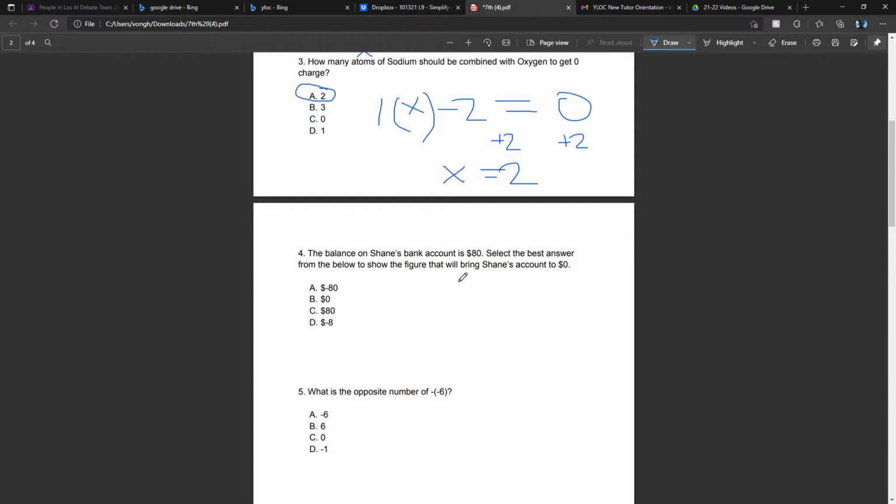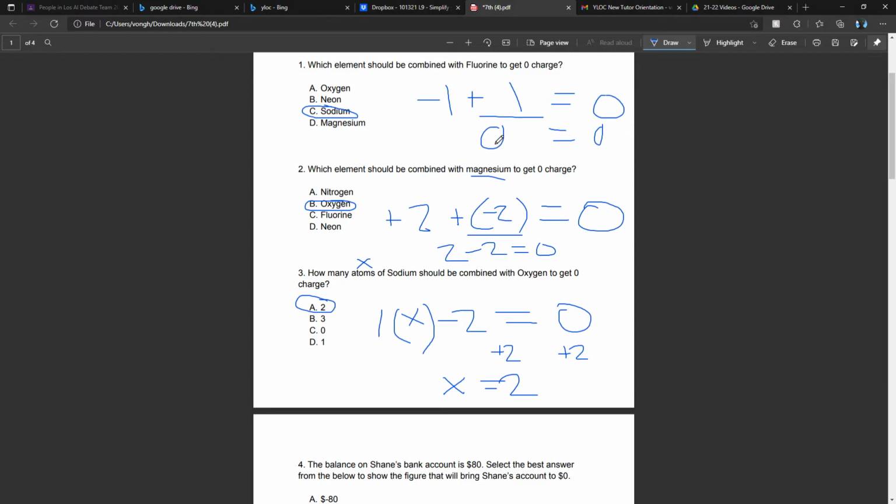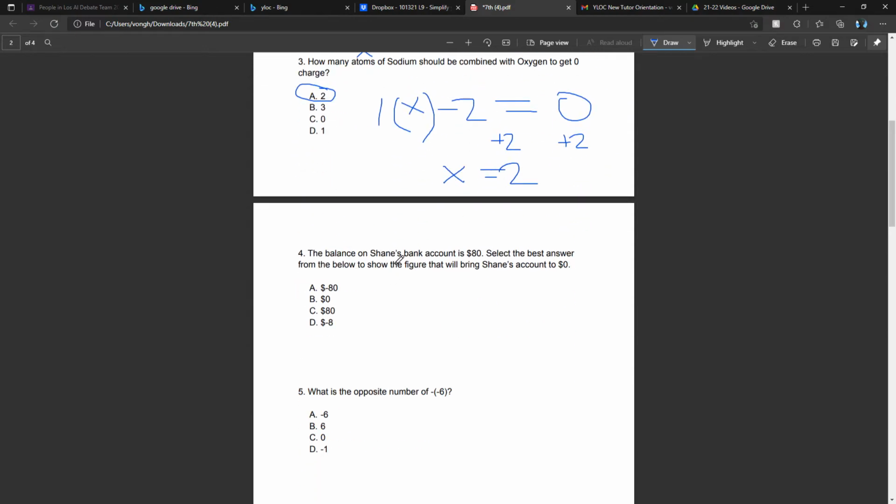The balance on Shane's bank account is $80. Select the best answer from below to show the figure that will bring Shane's account to $0. So this is like the problem before, but the difference is that this problem is using money. But think of it as Shane's bank account is an element, and this $80 is a charge.